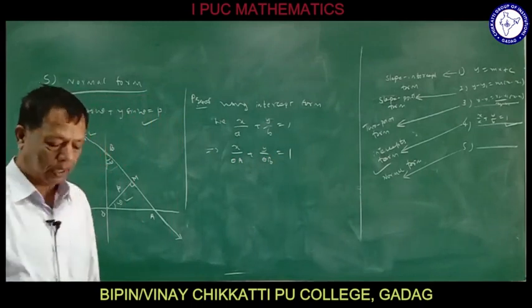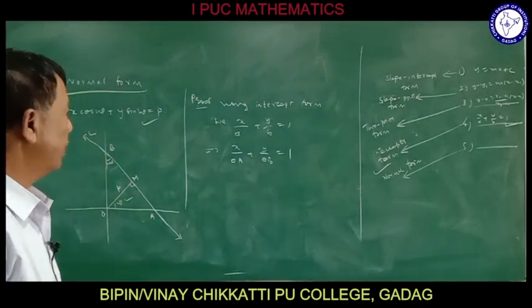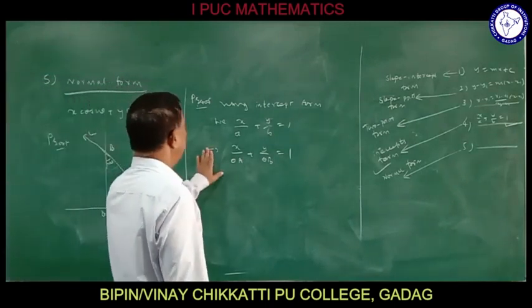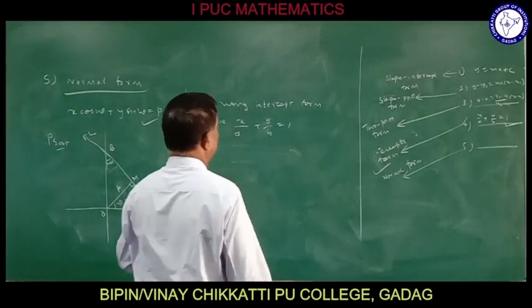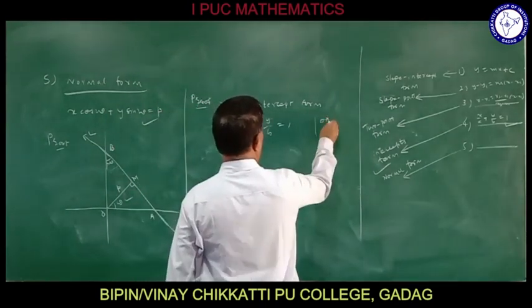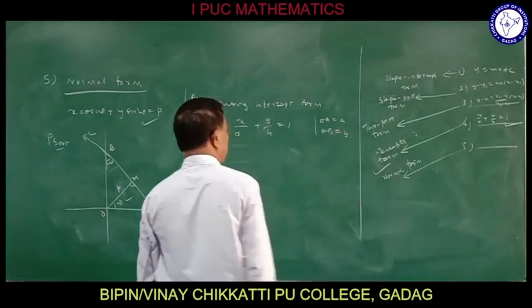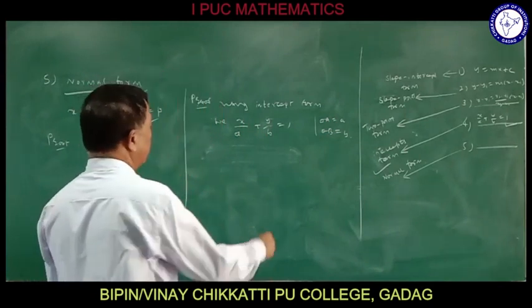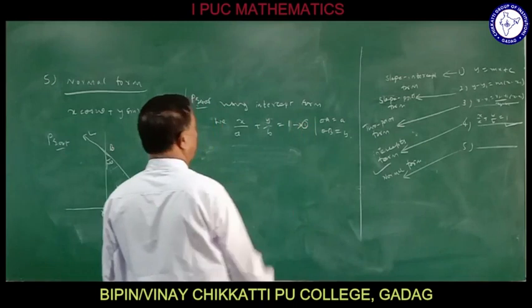Try to understand, A and B are the x and y intercepts. You can write x by A, and here OA is equal to A and OB is equal to B. These are the x and y intercepts, and I call this equation number 1.